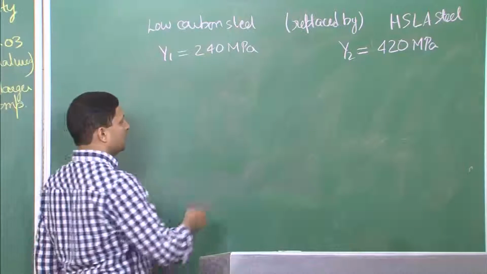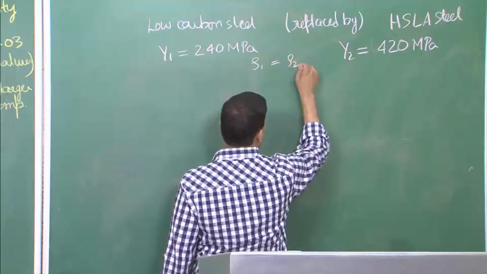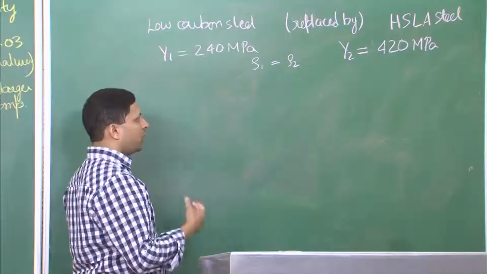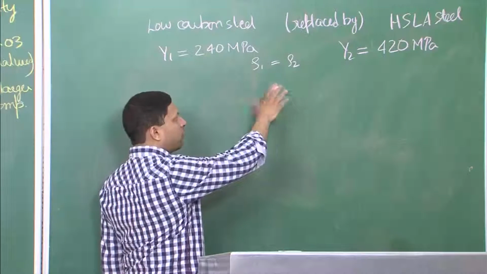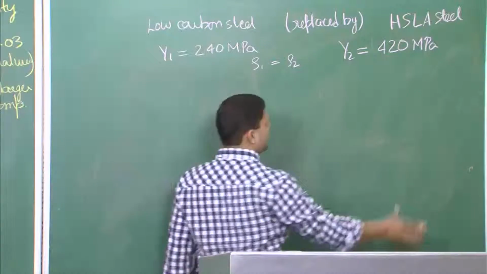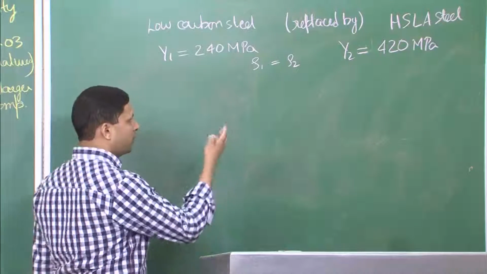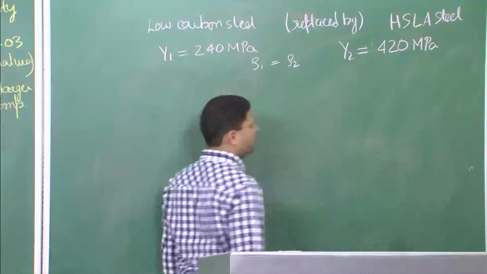In that case, the density for both of them will remain the same. So, if you take the same volume, then the weight of both of them will be the same, but you will be able to apply much higher stress, because the yield strength is higher. So ideally you will have a much thinner gauge of material when you are using the second material.